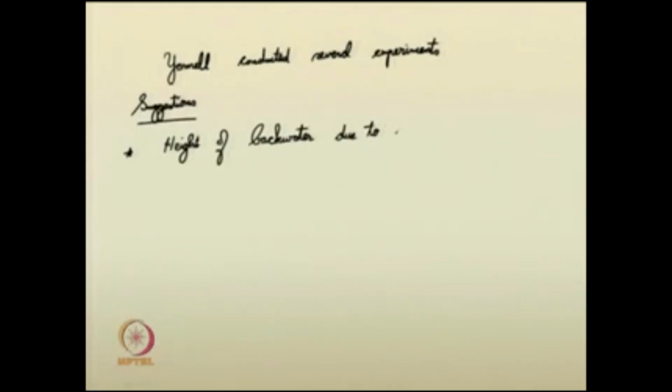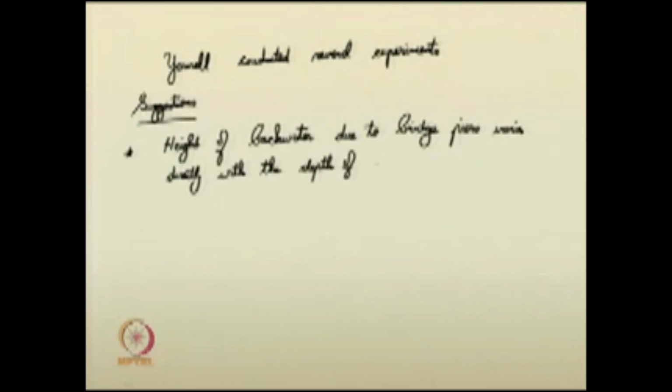Some of the suggestions from his experiments, you can give point by point: the height of backwater due to bridge pier varies directly with the depth of the unobstructed channel.